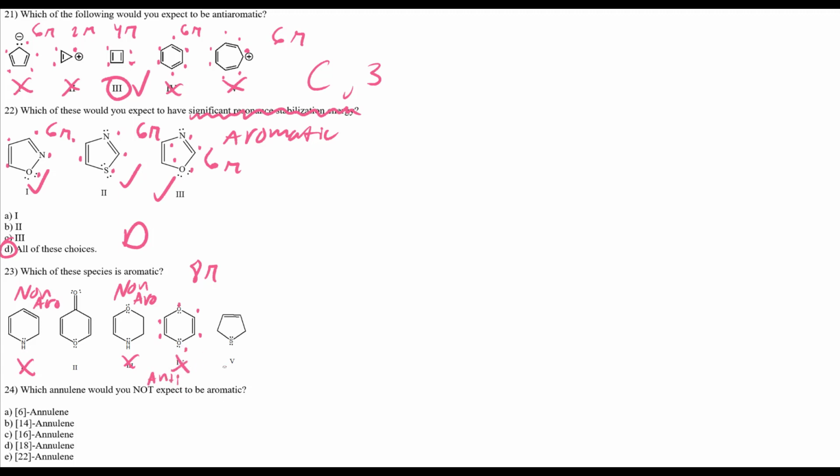Anti. And what about this one? This is not conjugated. Well, actually, it would be not conjugated as well. So we have communication there, but not really here. So that's not good either. It's not conjugated to begin with.